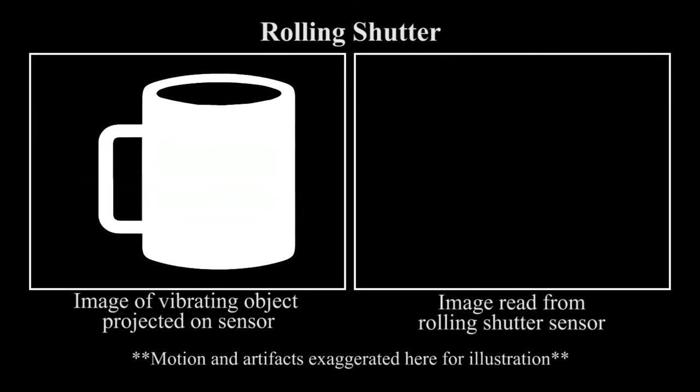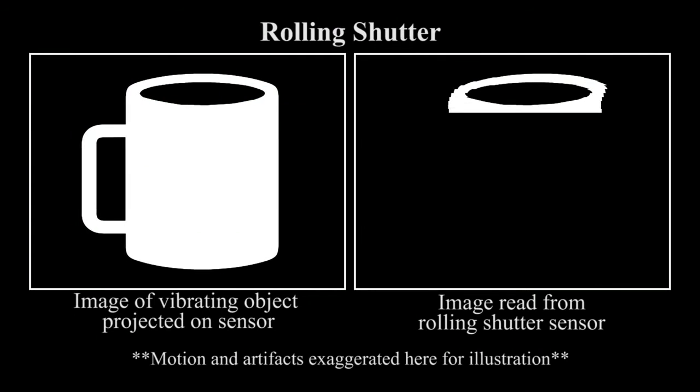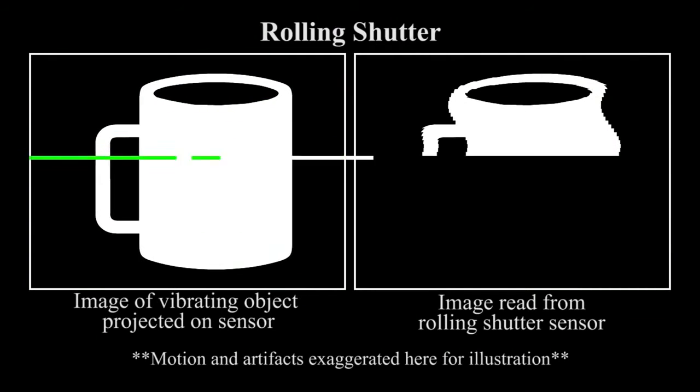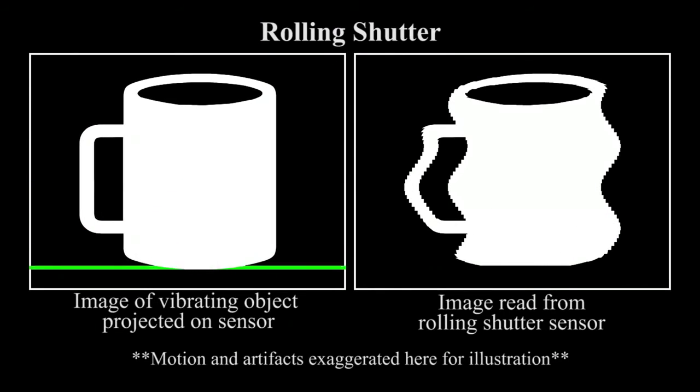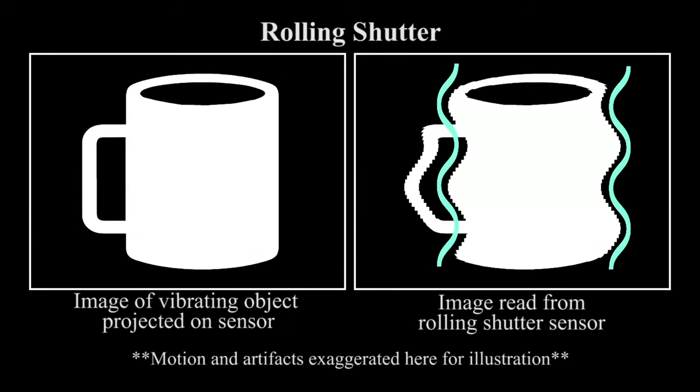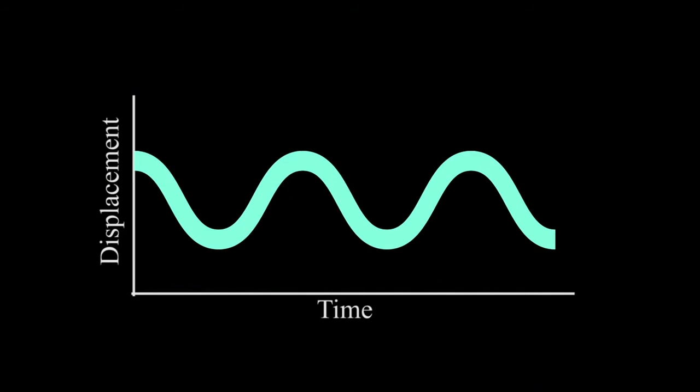Most cameras record images one row at a time. And so if an object moves during the recording of a single image, there's a slight time delay between each row. And this causes slight artifacts that get coded into each frame of a video. And so what we found is that by analyzing these artifacts, we can actually recover sound using a modified version of our algorithm.